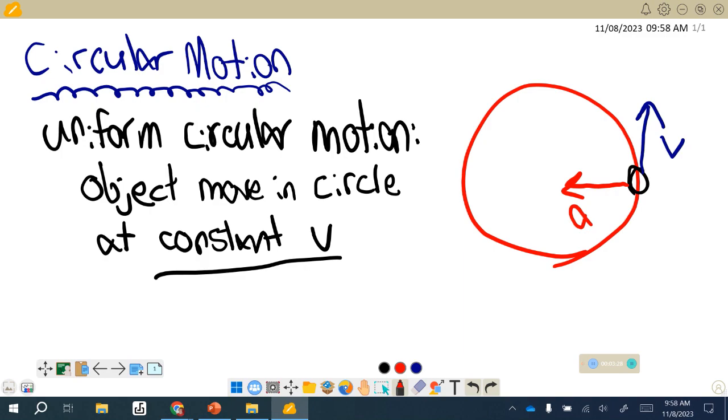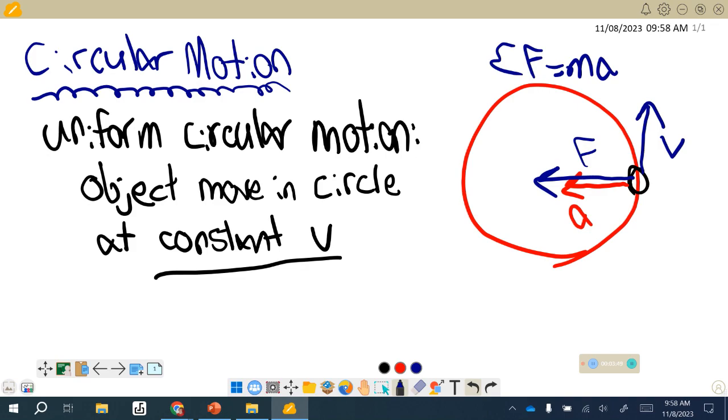Okay? Now, similarly, because that acceleration is pointing into the circle, because of Newton's second law, which says that net force equals mass times acceleration, if there's an acceleration pointing that way, that means that the force acting on the object has to also be pointing that way. All right?